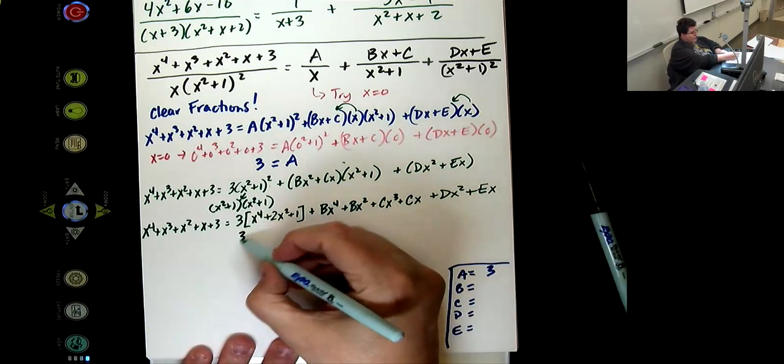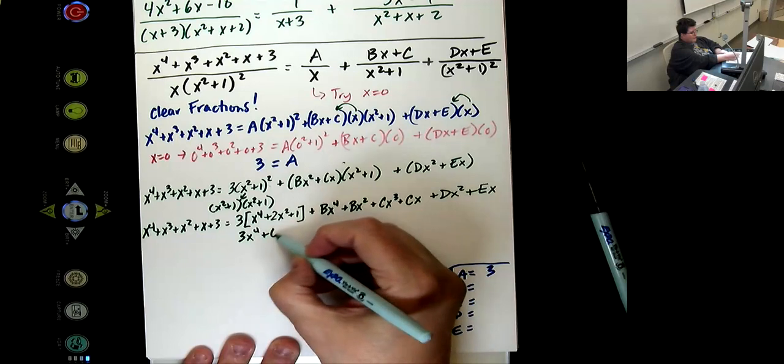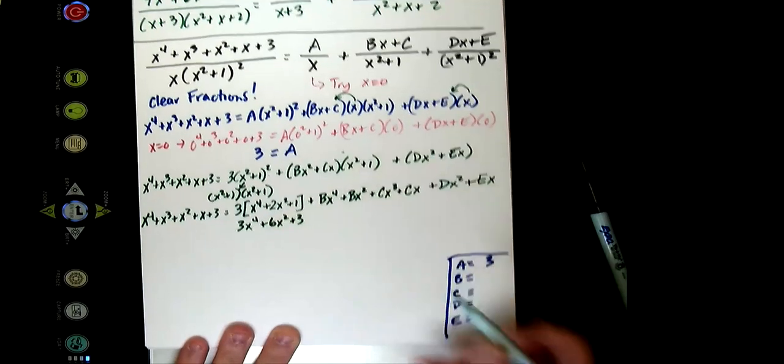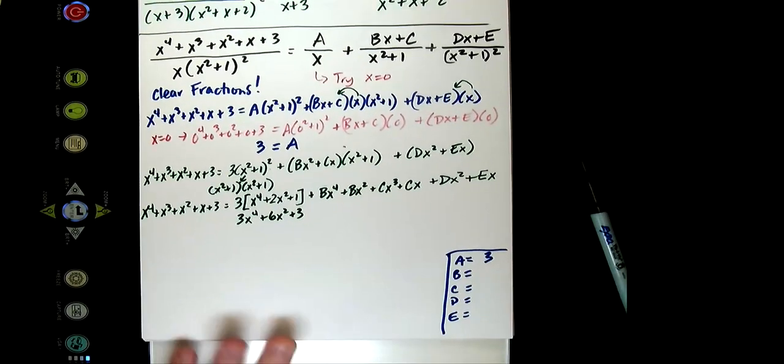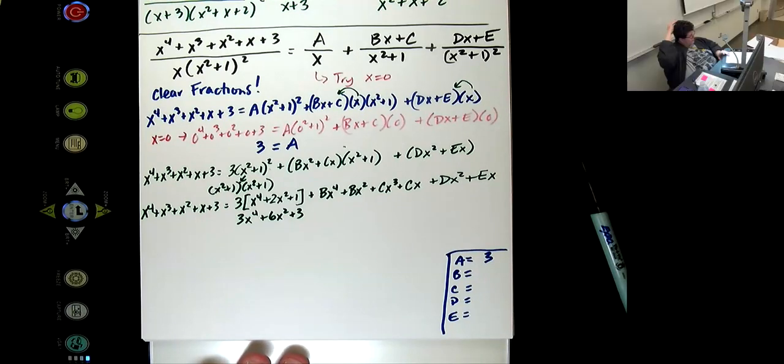So if I distribute that 3, I got 3x to the 4 plus 6x squared plus 3. Give you guys time to write that down.